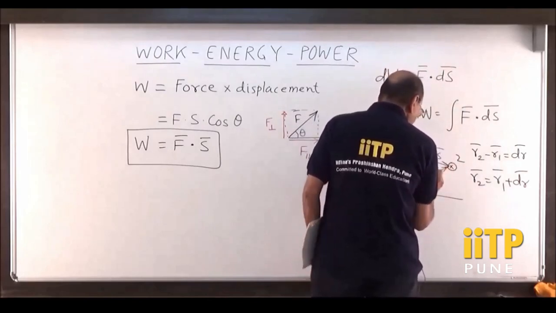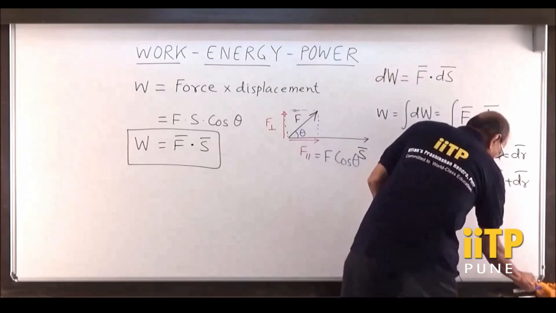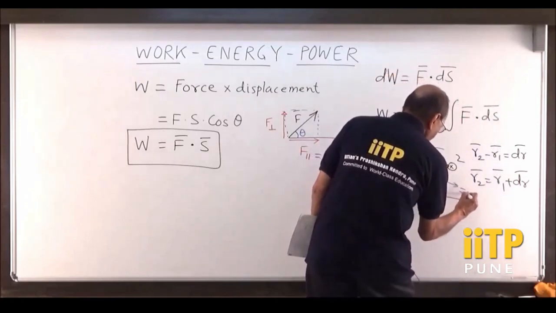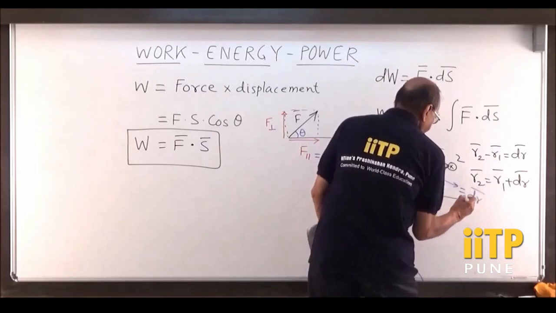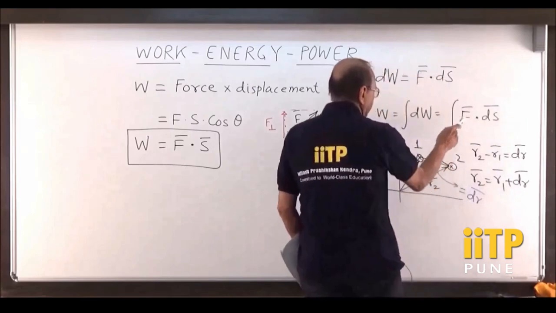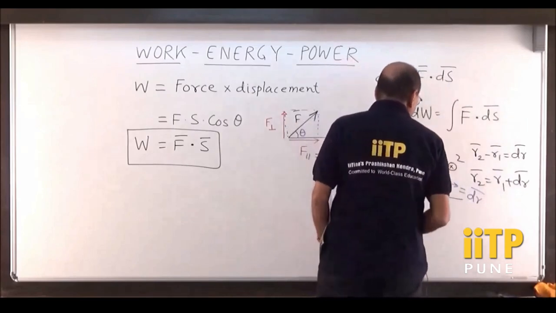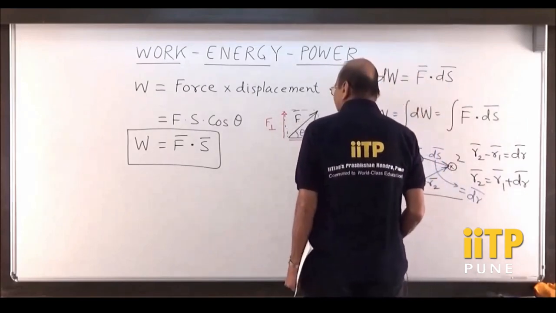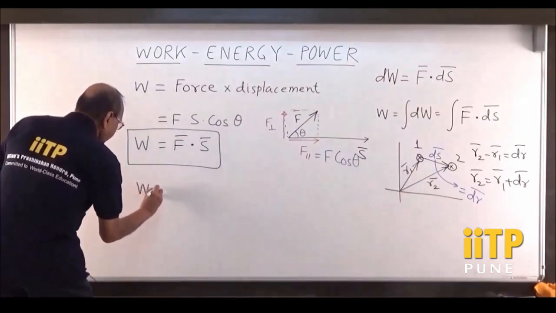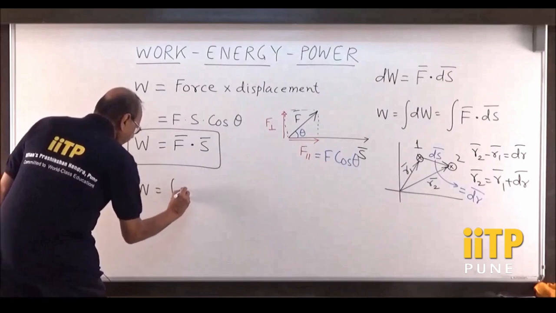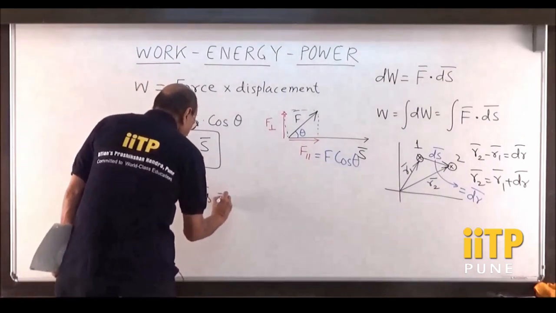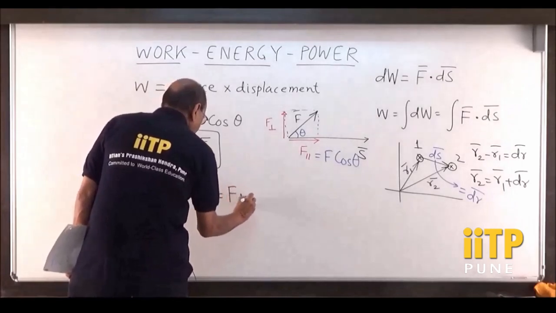So ds is also equal to dr. And therefore in my definition of work done, I can replace ds by dr in polar coordinates, and therefore I will now write work done is equal to integral of F dot ds, or equal to integral of F dot dr.